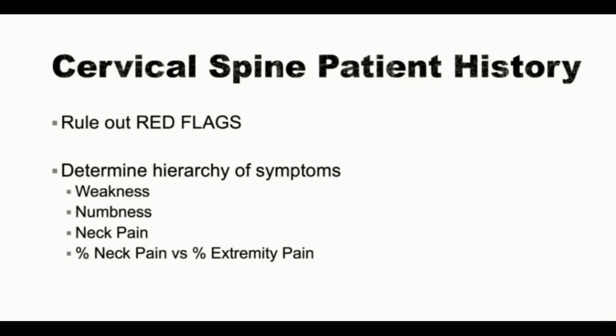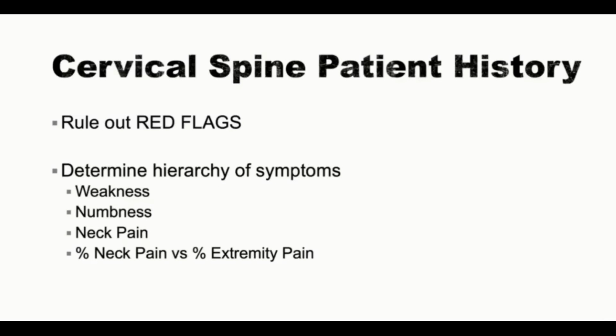So then we go down to trying to parse out what their symptoms are and what the hierarchy of the symptoms are. So you start asking, weakness, is there any weakness? Patients will describe this in a myriad of ways, but most reliably, it means that something is harder for them to do than it was, meaning something's heavier, or they can't perform a task as easily, something like that. Numbness is quite self-explanatory, and then the ever-present neck pain, that's also going to come in.